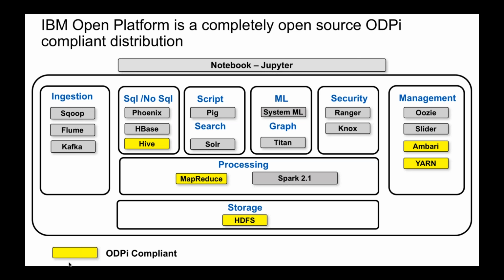For processing, we have MapReduce as well as Spark 2.1, which is part of our 4.3 release, as choices for customers to use. We have 5 components here highlighted in yellow that are part of the ODPI certification: MapReduce, HDFS, Hive, Yarn, and Zookeeper. Those are ODPI certified components.